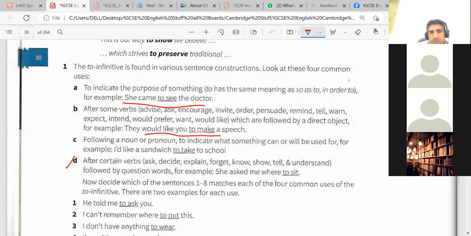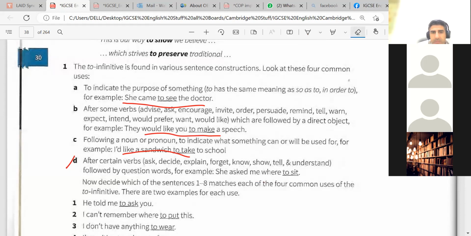Another one, to indicate what something will be used for. For example, I'd like a pencil to draw. Or after certain verbs, like where to sit. Okay? Is it okay for you, guys?